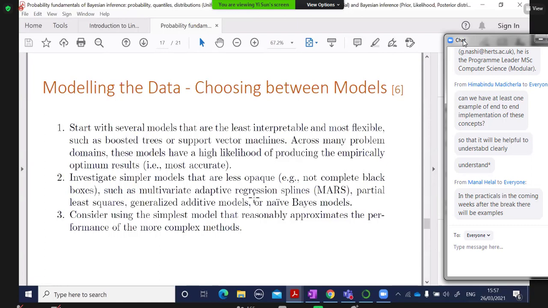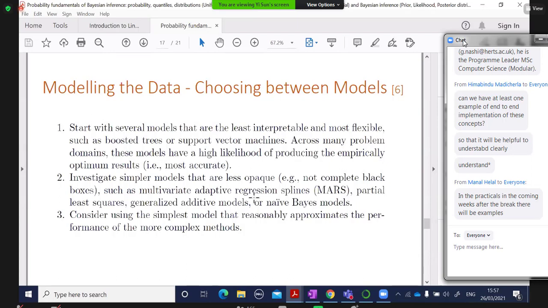So we can weigh the benefits of different methodologies. When we consider the benefits, we can look at computational complexity, ease of prediction, and interpretability.